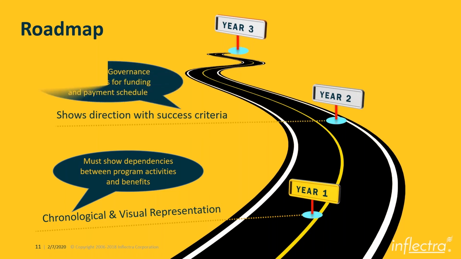And the second one is, it needs to show the direction. What is the direction we are going? So 3 years from now, where will I be? 1 year from now, where will I be? 6 months from now, where will I be? So the short, the mid, and the long-term goal, I need to know that. And depending upon that, we also have to start thinking in terms of how much money is required now. What kind of skill set and competencies are required today, and 3 years from now will the same thing be required, and 5 years from now will it be the same?